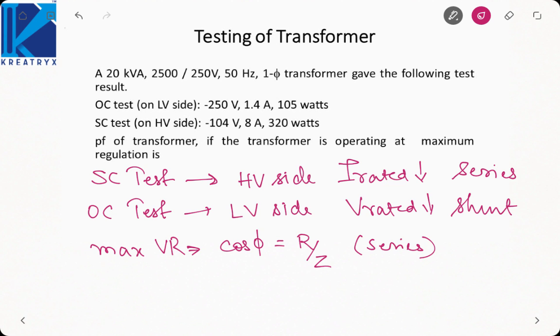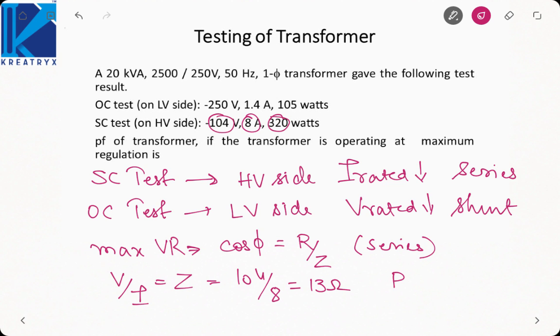What is given in short circuit test? Voltage, current and real power. Now if you divide voltage by current, what we will get is impedance. So 104 by 8, we get a 13 ohm impedance.